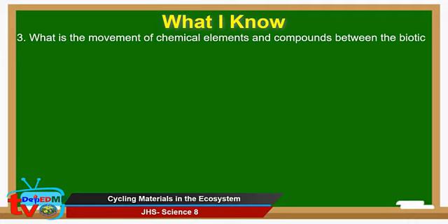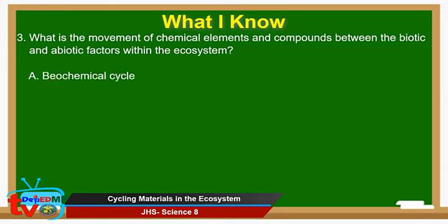Number 3. What is the movement of chemical elements and compounds between the biotic and abiotic factors within the ecosystem? A. Biochemical cycle. B. Element cycle. C. Biogeochemical cycle.